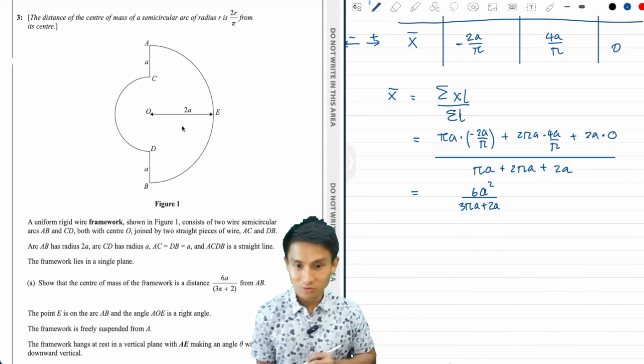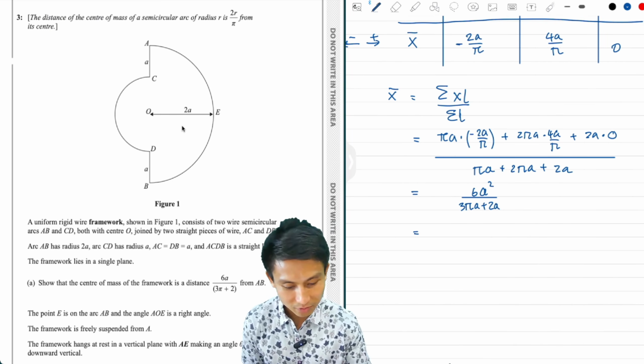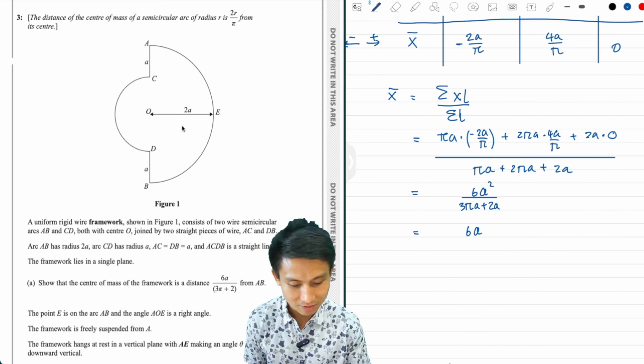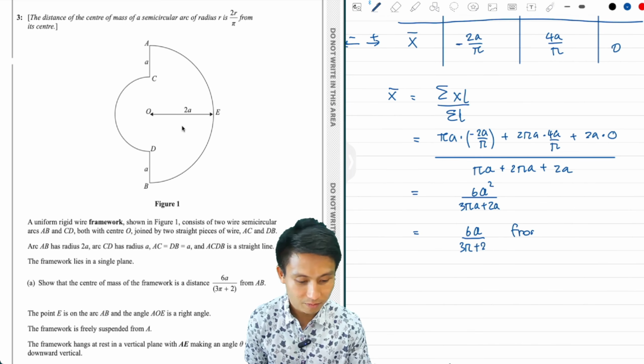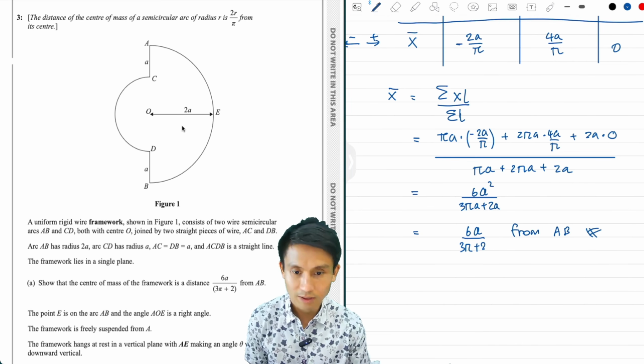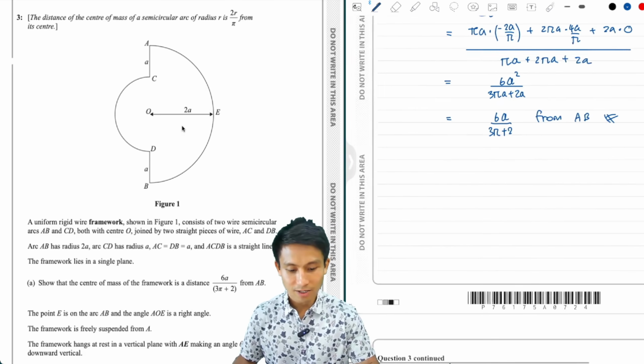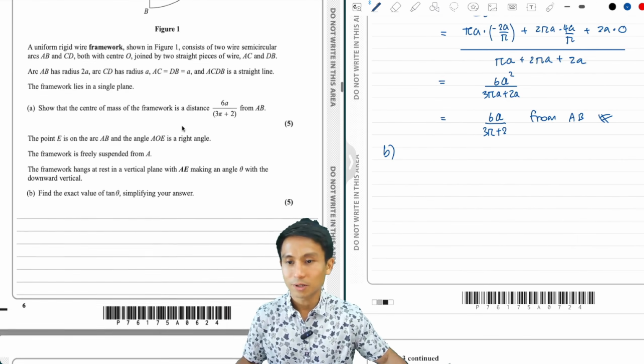That kind of, yeah, that looks fine. 1a cancel, and then you can factorize. No, you don't have to factorize anything, just 6a and then 1a cancel that, so it's 3 pi plus 2 from AB. That's it, as required, right? That's part A done. Part B.